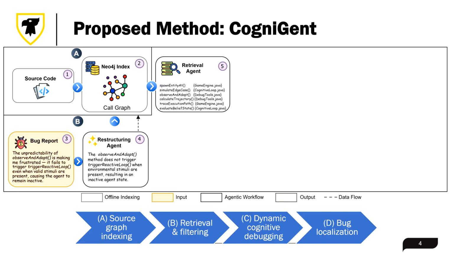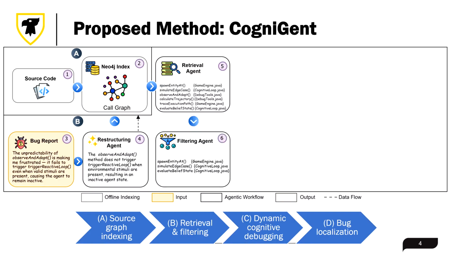This is a very well-established practice in the existing literature. But the retrieval agent relies on simple textual and semantic similarity, which might not be enough. That is why we introduce another agent called the filtering agent.